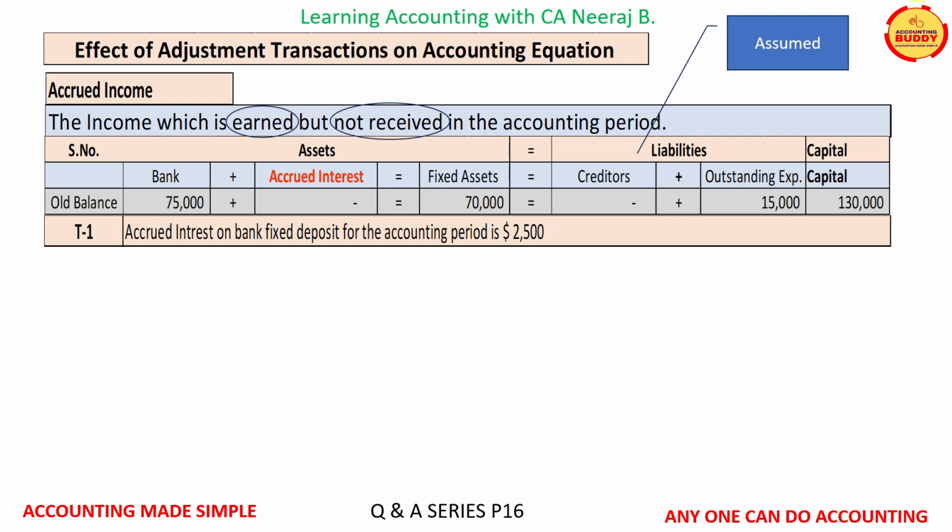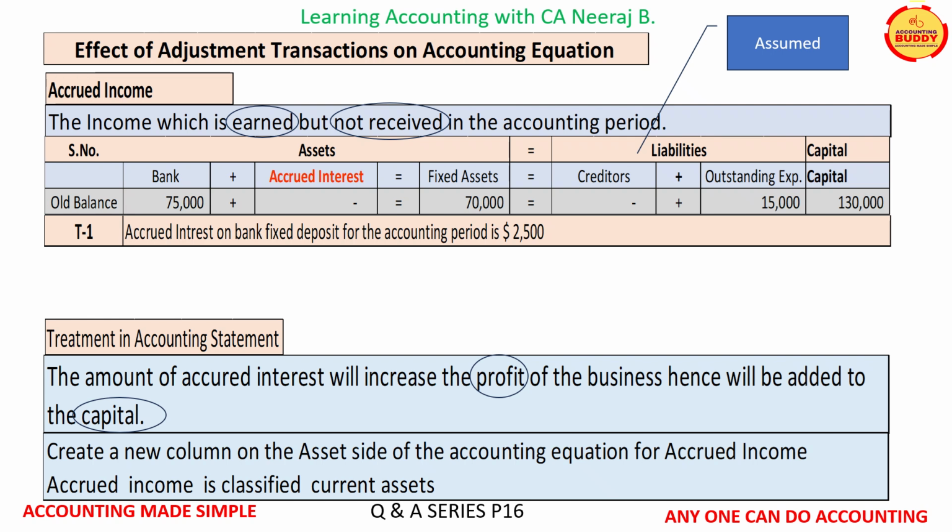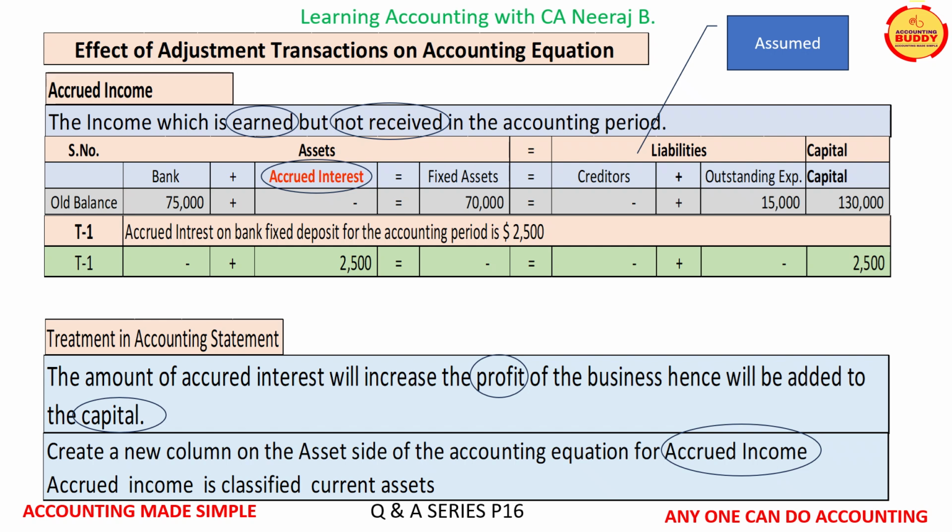Let us now understand the accounting treatment of this transaction. The amount of accrued interest will increase the profit of the business and hence it will increase the capital. Create a new column on the left hand side for accrued income. Since accrued income is an asset, this transaction will increase the assets by $2,500 and capital also by $2,500.